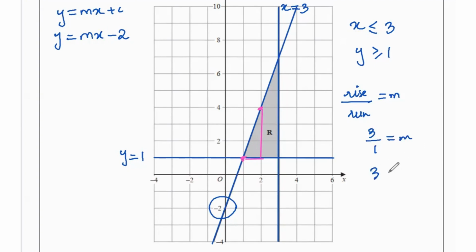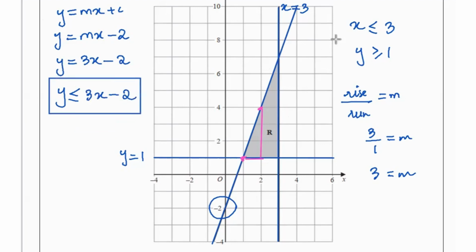So gradient is 3. So y equals to 3x minus 2 is our equation. Now for the inequality, if you look at the shaded part, it's underneath the line, which means values of y are decreasing. Hence, y is going to be less than equal to 3x minus 2. These three are your inequalities based on the shaded region given in the question.